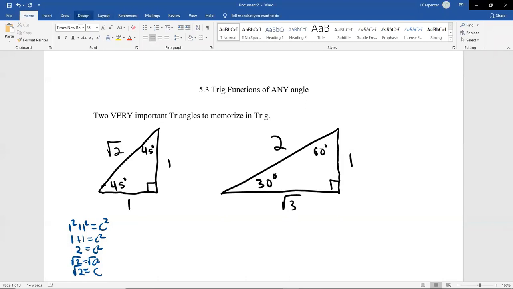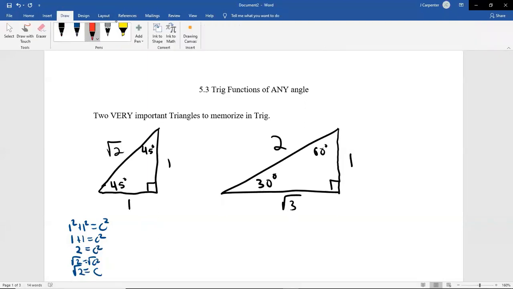Now, what is very specific here is that the 1 is opposite the 30 degrees, and the square root of 3 is opposite the 60 degrees. There's a relationship here. The bigger the angle, the bigger the side opposite of it. 1 is smaller than the square root of 3, so it has to be opposite the 30 degrees.